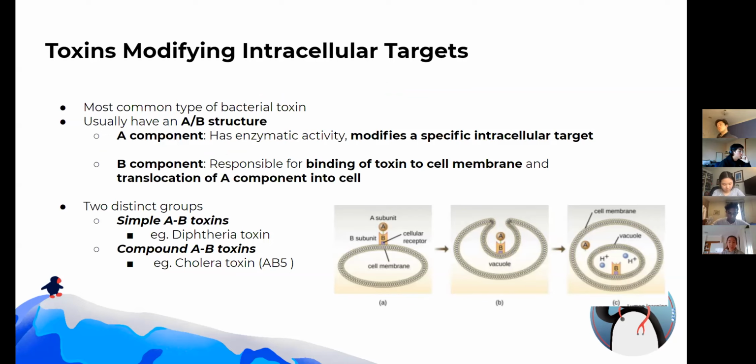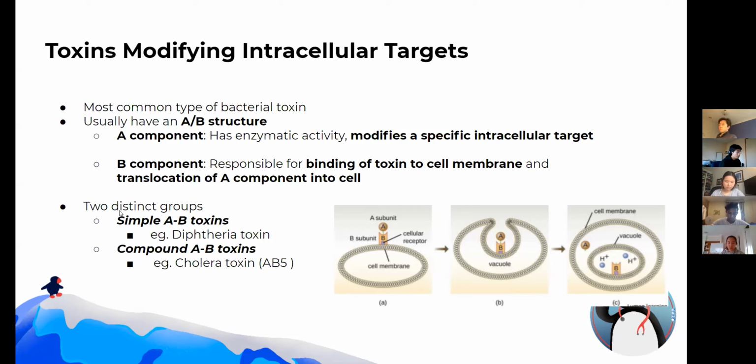This is the part that can actually modify a specific intracellular target within our cells. The B component is responsible for initially binding the toxin to our cell membrane so that our cell essentially uptakes this toxin, or endocytoses it.